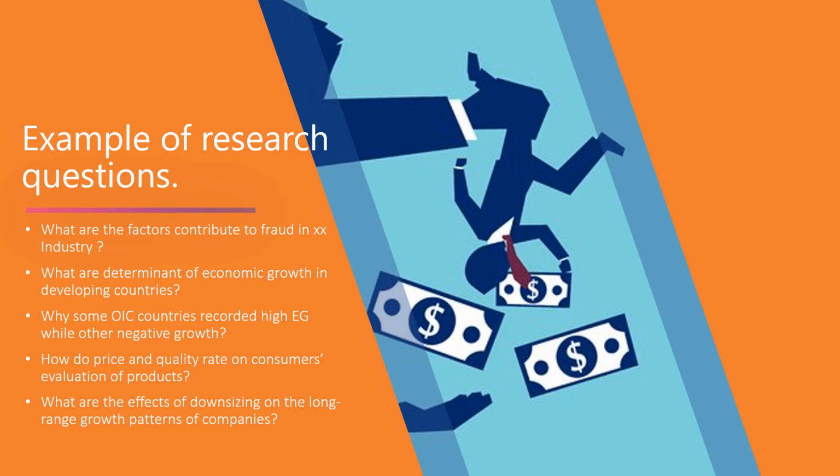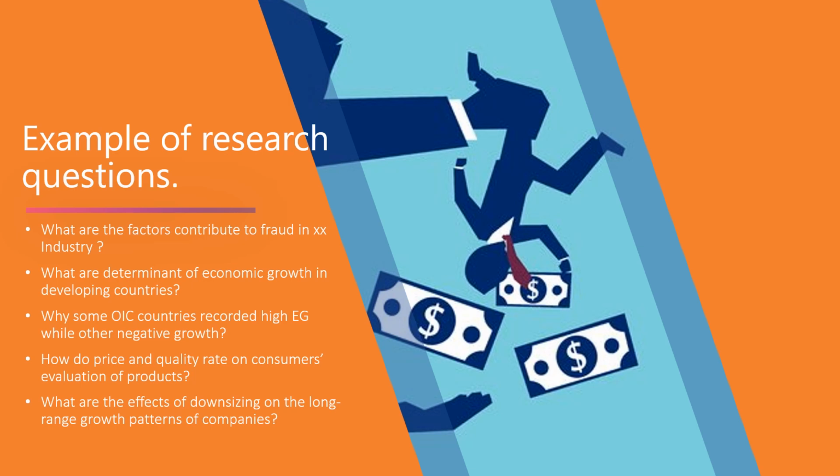Another example of research question is: what are the determinants of economic growth in developing countries? Or you may ask, why do some OIC countries record high economic growth while others record negative growth? Or how do price and quality rate on consumers' evaluations of products?